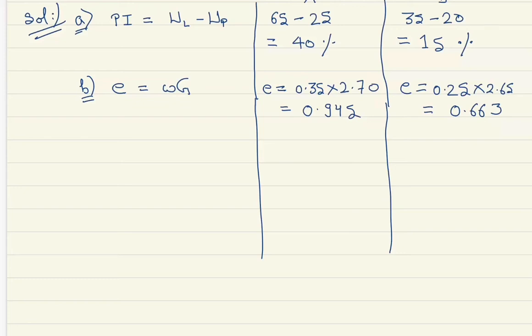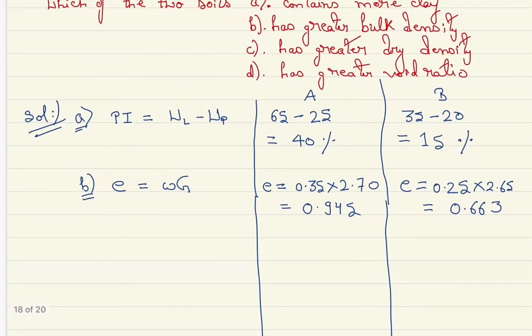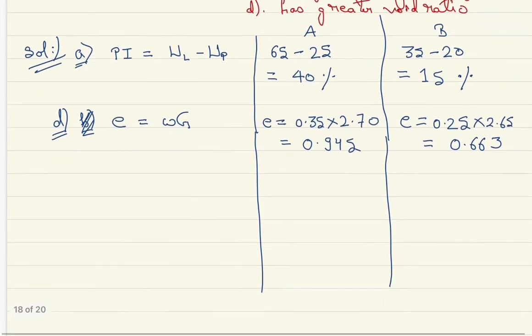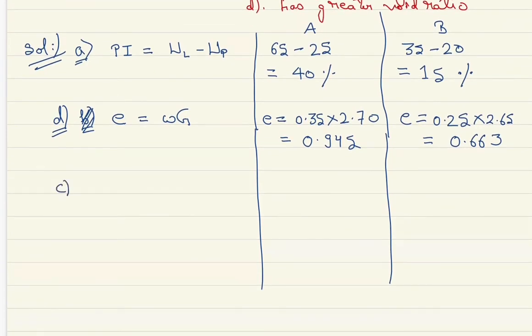Now let us find dry density. It is not actually B, it is actually question number D. Let us now try to find dry density. We know rho d is equal to G rho w upon 1 plus e.